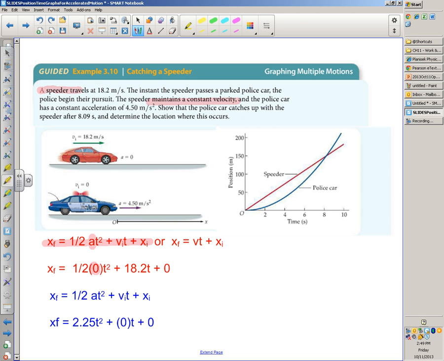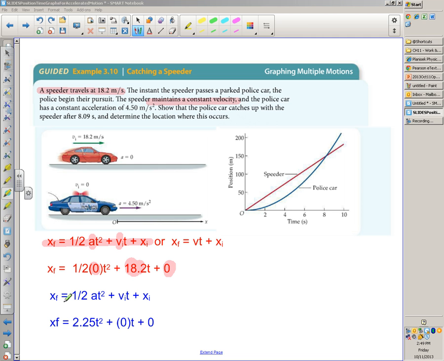Yeah, it tells us that that speeder is traveling at 18.2. So, where V initial is, now we go 18.2. And because it's saying that the car passes the police car, and at that moment the police car takes off, we're going to say that they start right at the reference point. So that's why that becomes 0. Okay? Good there? Where I got those numbers from?